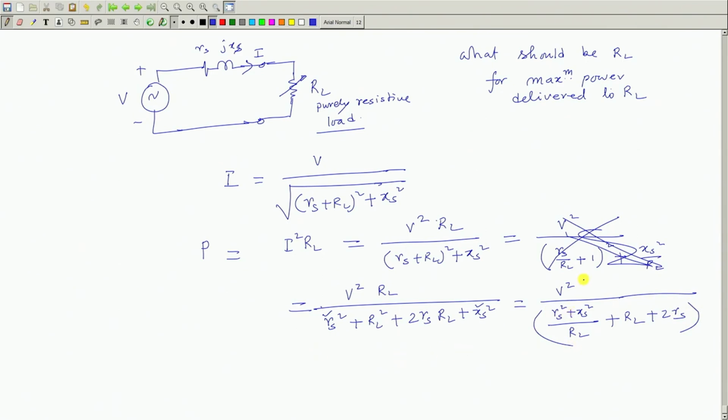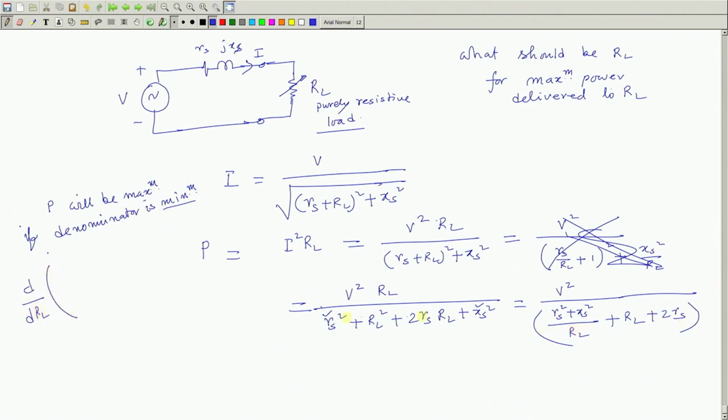So, power will be maximum if the denominator is minimum, because V square is constant in the numerator. So, P will be maximum if denominator is minimum, and denominator minimum will occur if you vary d/dRL.